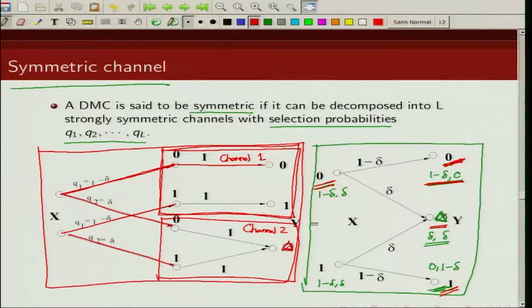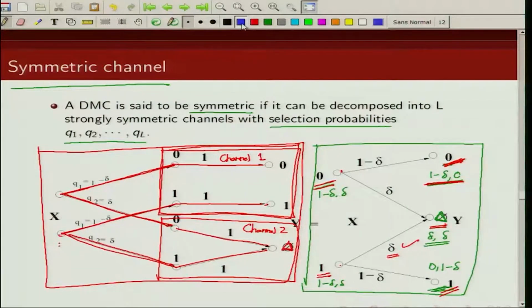Now look at the transition probability from 0 to this particular output, that is delta, so this is delta into 1. Similarly, from 1 you can go to this state with delta into 1, which is exactly the same, and from 1 to 1 it is 1 minus delta into 1. So these two channels are exactly equivalent.